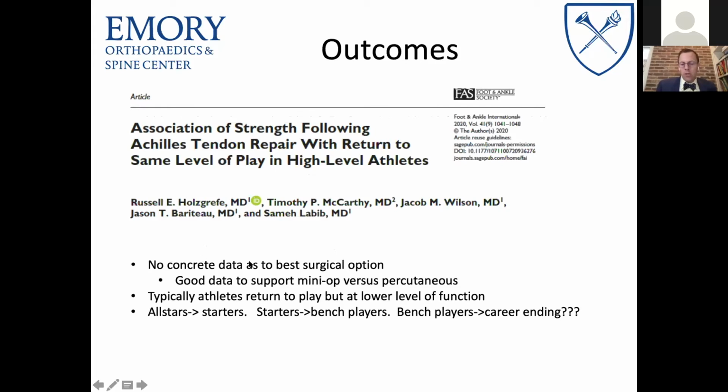There's good data to support either technique, but typically athletes don't return to the same level of function. All stars become starters, starters become bench players, and often bench players become career ending. So it's definitely a challenge for patients to recover. And I think surgery on an insertional or non-insertional will have some of the same limitations.